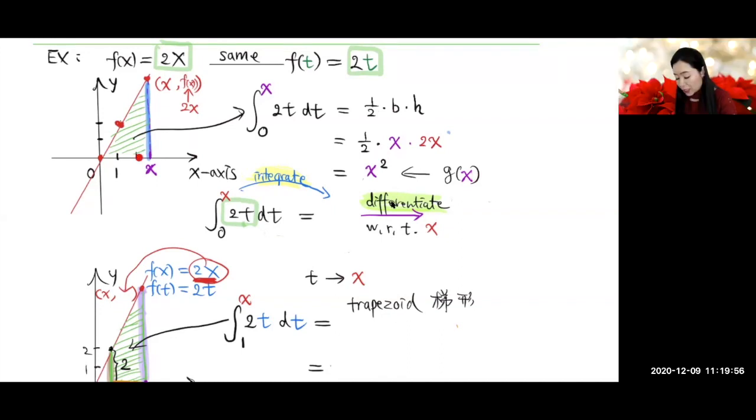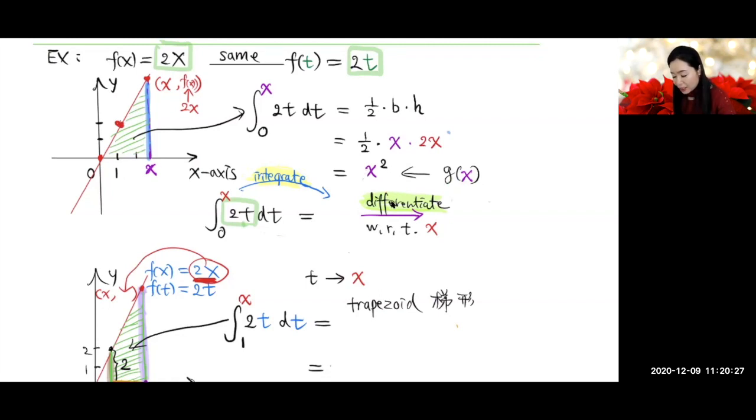So when you move this x from 0, maybe keep on moving to infinity, this area is going to change as x changes. Indeed, this area corresponds to x squared over 2, which is a function of x.